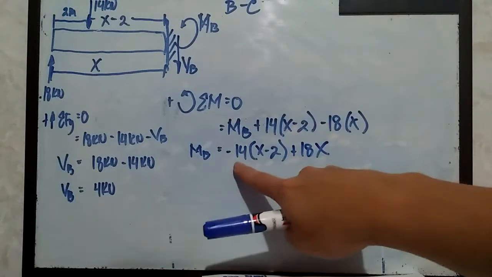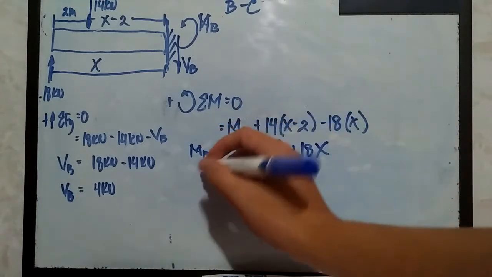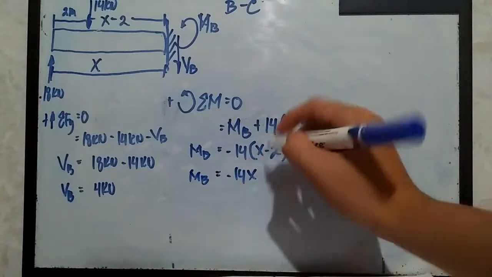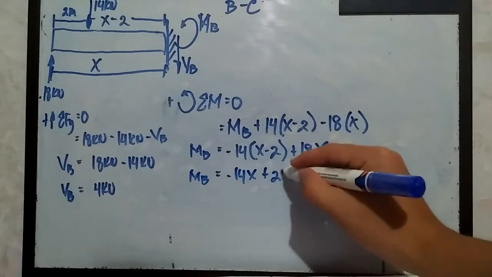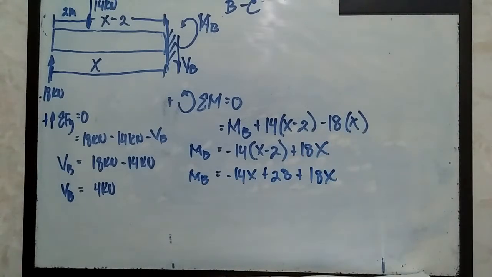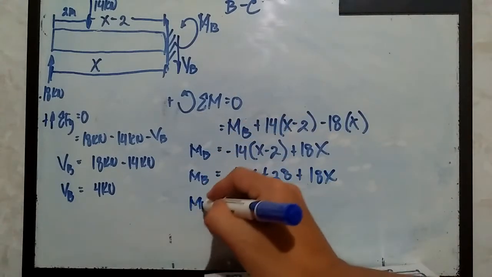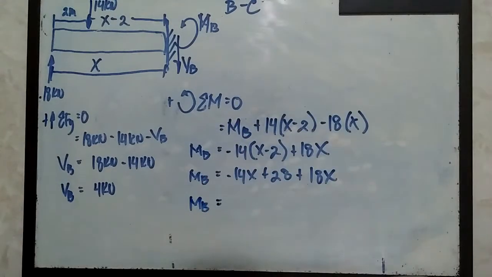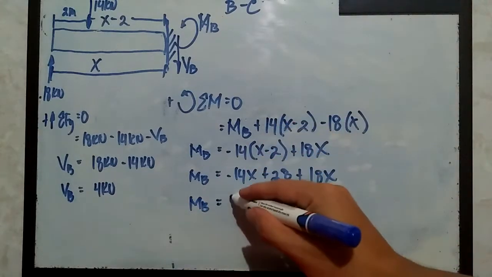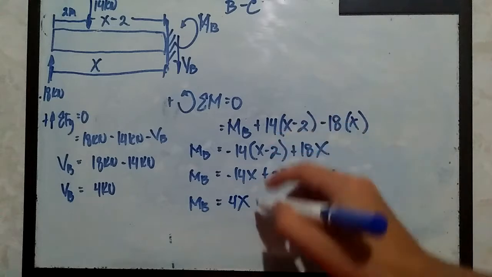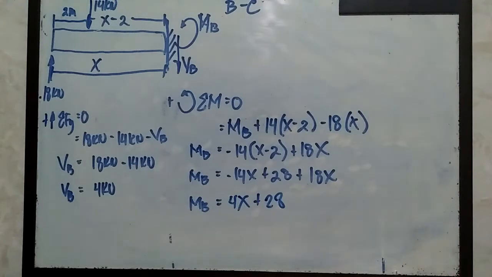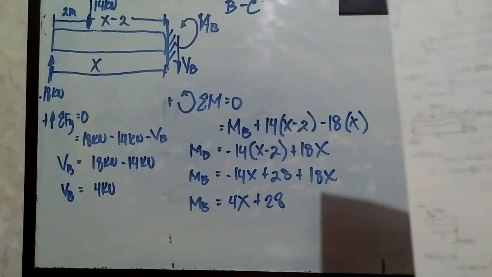Distributing 14 to the parentheses, M sub B is equal to negative 14X plus 28 plus 18X. Simplifying again, M sub B is equal to 18X minus 14X, that is positive 4X, plus 28. So this is the bending moment formula for section B-C.